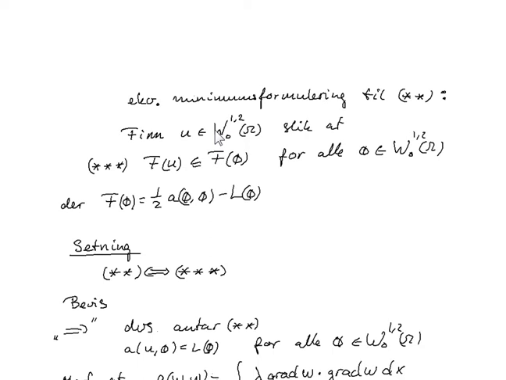So this is called a minimum formulation. It's also called the minimum energy formulation, because it turns out that this F of phi can be interpreted as the energy corresponding to this temperature field.